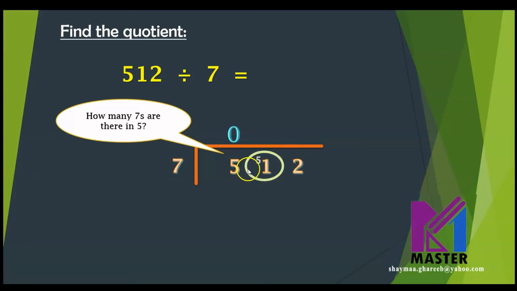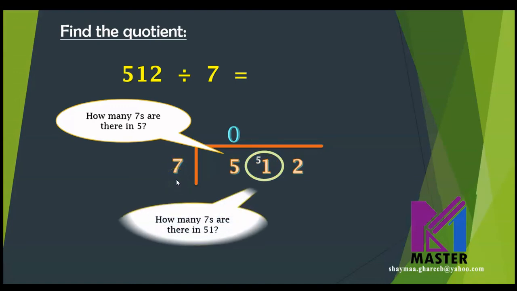So the number will be 51. 51 divided by 7. How many 7s are there in 51? There are 7 7s, which makes number 49. So there will be 7 7s in the 51 with remainder 2. So the answer will be 7 remainder 2.